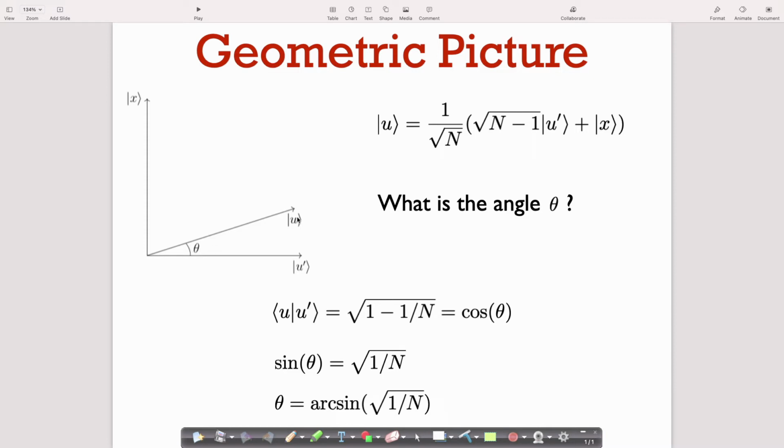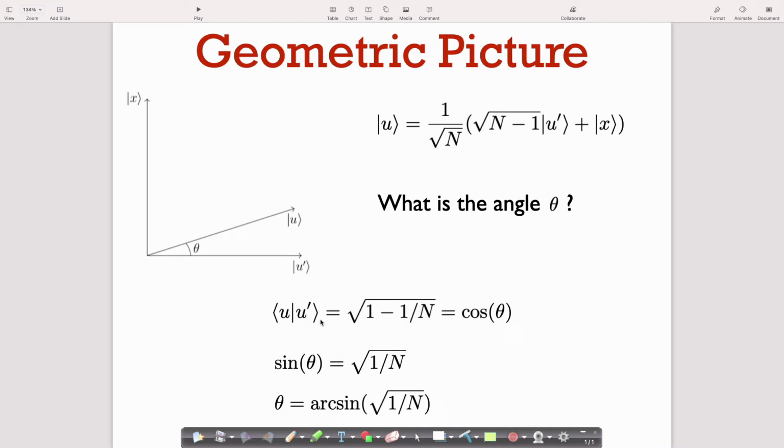What angle does u, the uniform superposition, make with u prime? We can see that just by looking at the inner product of u and u prime. You can see that that is just square root of n minus 1 divided by square root of n, or in other words, square root of 1 minus 1 over n.